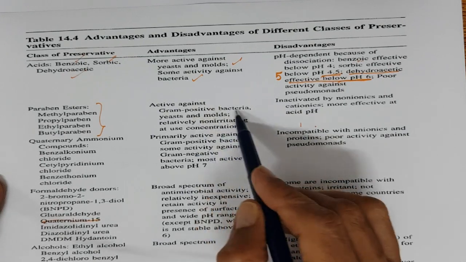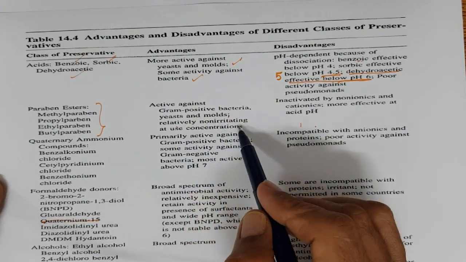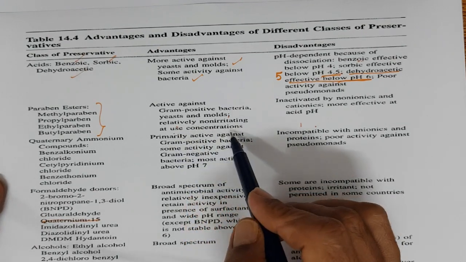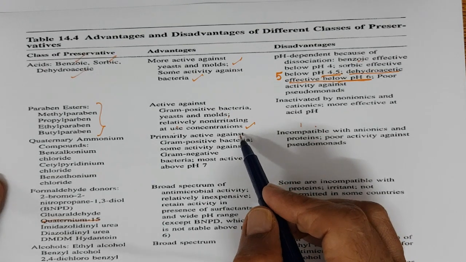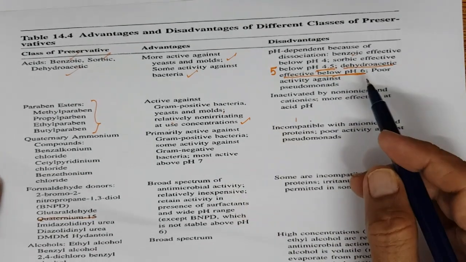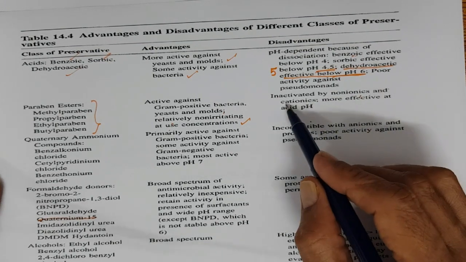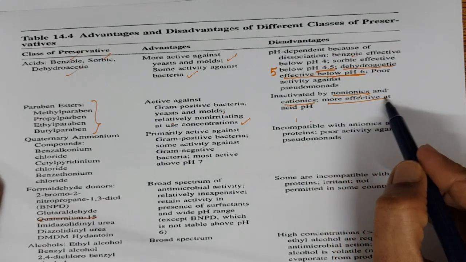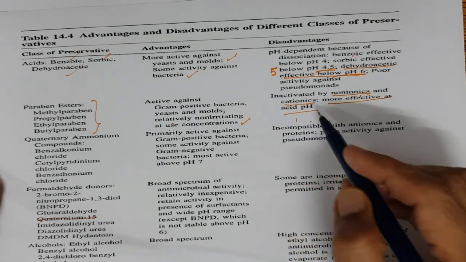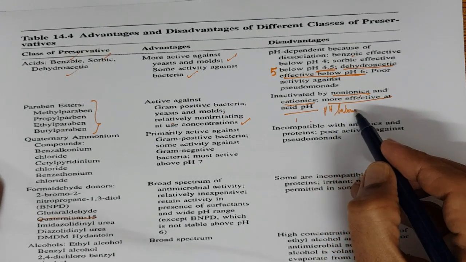Parabens are active against gram-positive bacteria, yeast and molds, relatively non-irritating and used at whatever concentration is allowed. Generally it is inactivated by non-ionics and cationics, emulsifiers, right? More effective at acid pH, that is pH below 7.